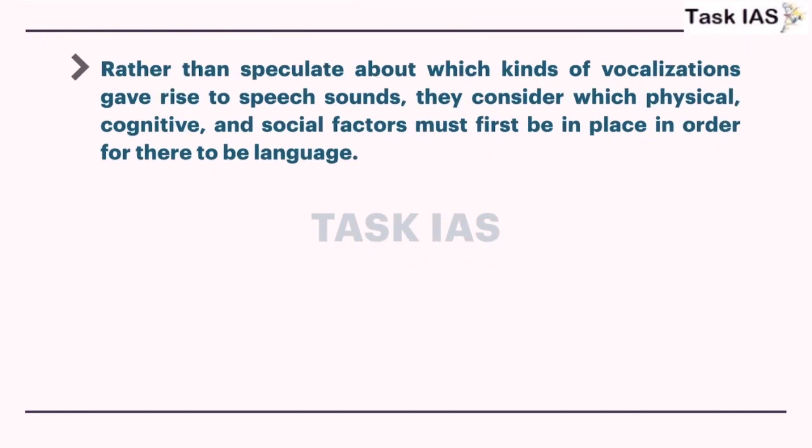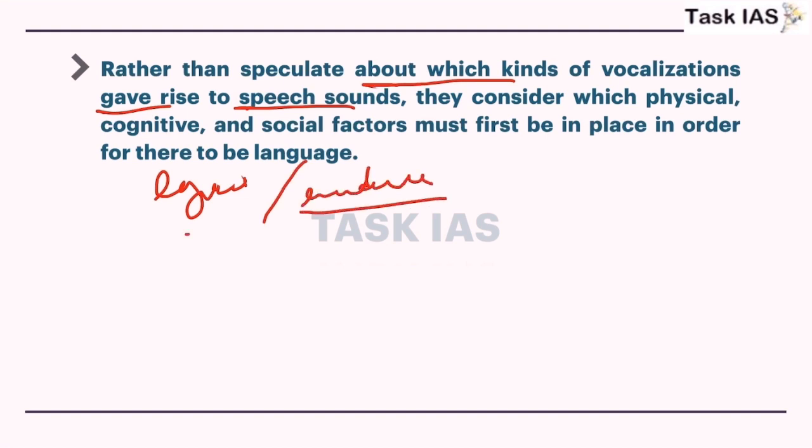So rather than speculate about which kinds of vocalization give rise to speech sounds, there should now be a focus on more logical, more scientific and evidence-based conclusions regarding how language originated. This is the conclusion.